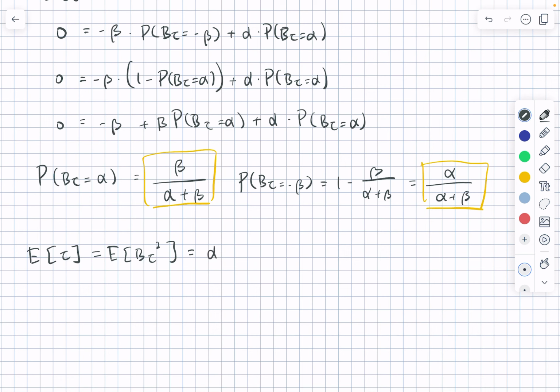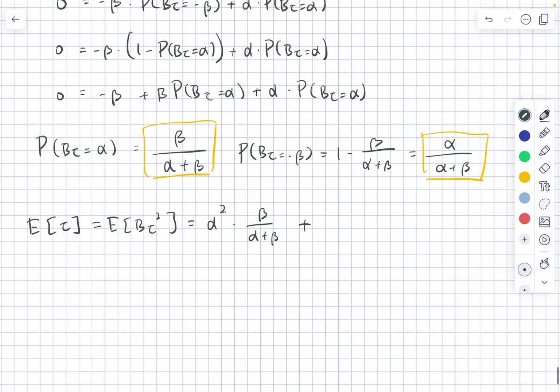So we square alpha times the probability we reach alpha, which is beta over alpha plus beta. Plus, the other alternative is we reach -beta, so -beta squared times the probability we reach it, alpha over alpha plus beta.